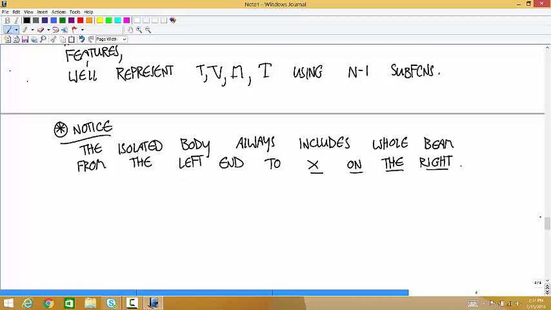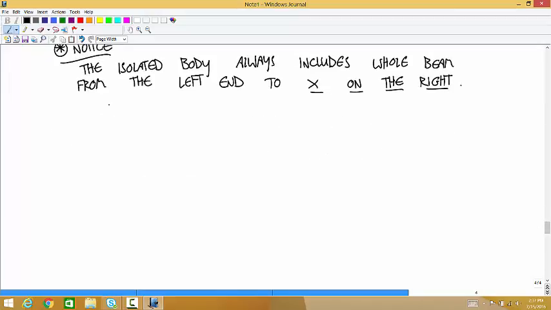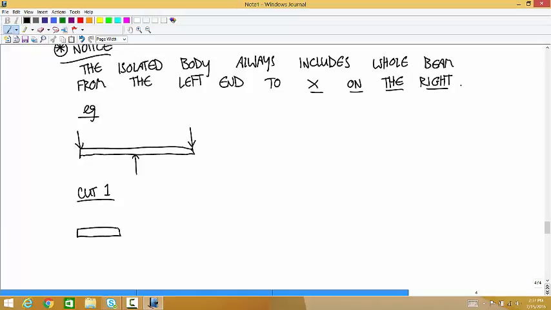So for example, if you have a beam like this, say there's a force there, a force there, and a force there, okay? Your first cut is going to look like this.